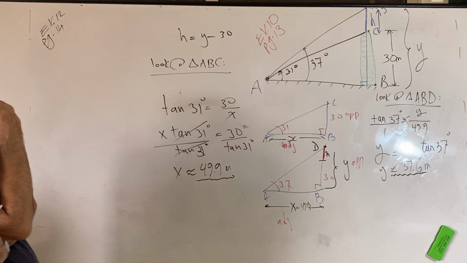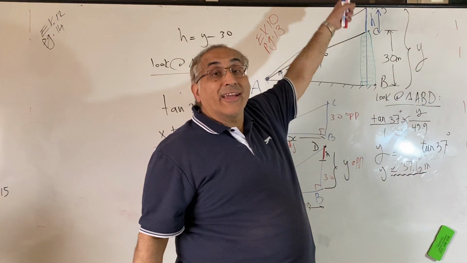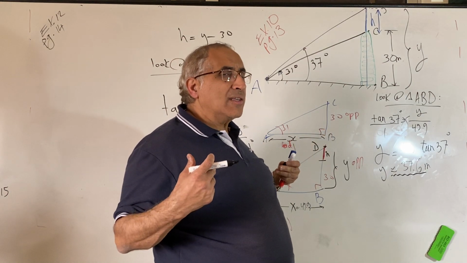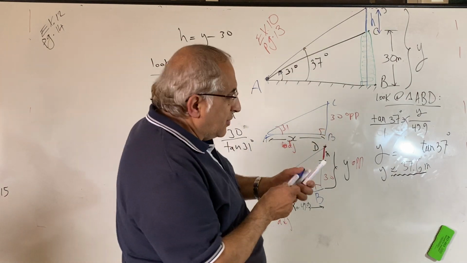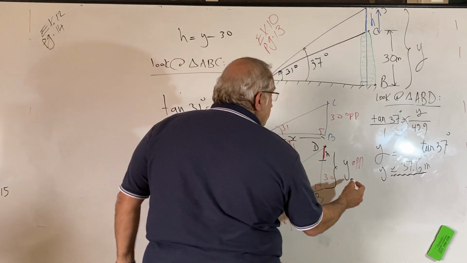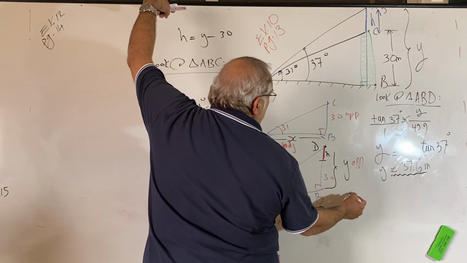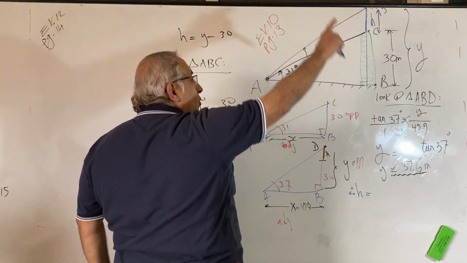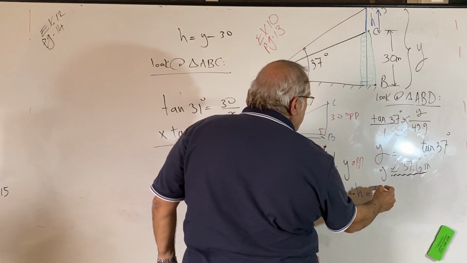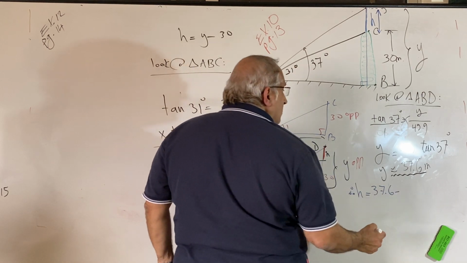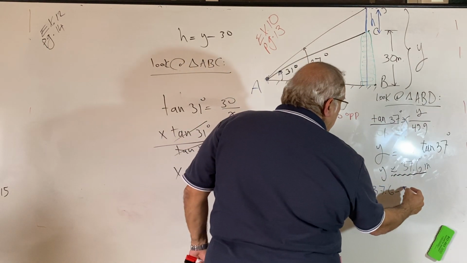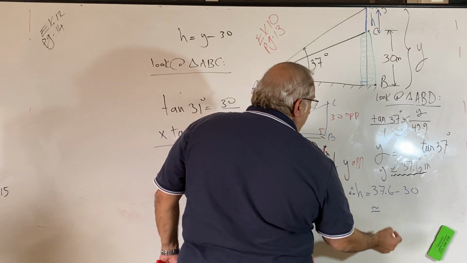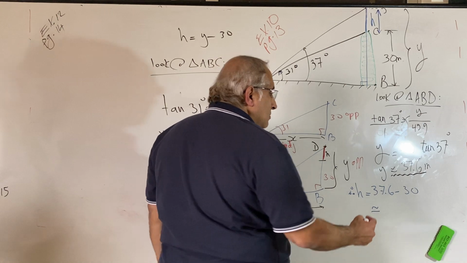I'm done. I know the whole height of the building, including the flag. But I already know what the building height is. So if I'm looking for the height of the flag, simply look at that rule. If I'm looking for h, then take the whole height, 37.6, subtract the 30, and then you are at about 7.6 meters.